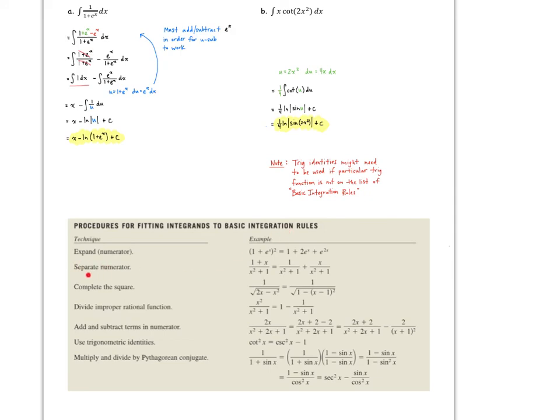We can expand the numerator, we can separate the numerator, which is what we did in that example A up above, to allow us to use a u substitution, completing the square, divide improper integrals, that's what we did on the front side, add, subtract terms in the numerator, that's essentially what we did in example A, use trig identities, all right, multiply and divide Pythagorean conjugates there. All right, so those are the integration rules that we're looking at.